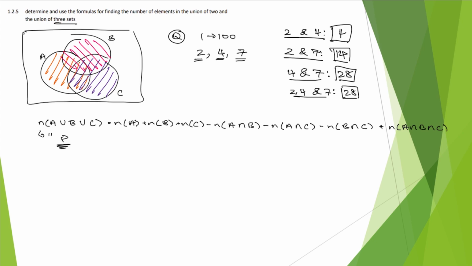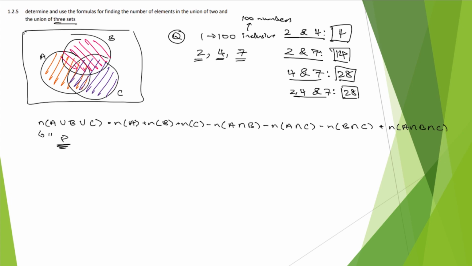So if we want to find the number of numbers that are divisible by 2 from 1 to 100 inclusive, that's going to be 100 numbers.